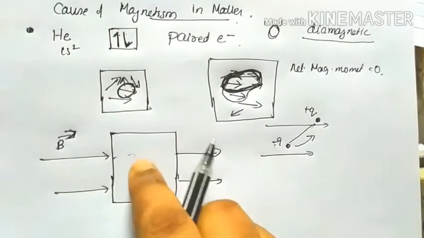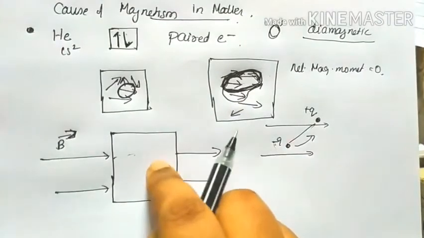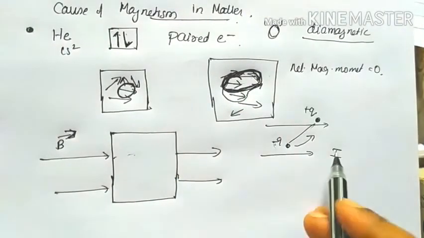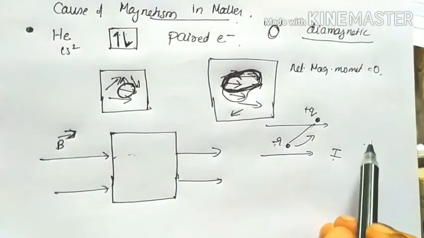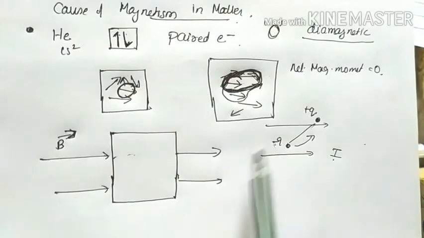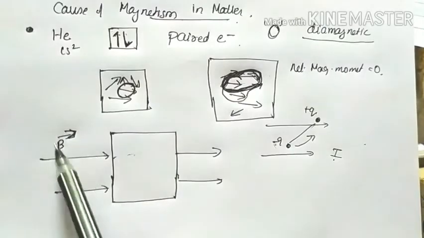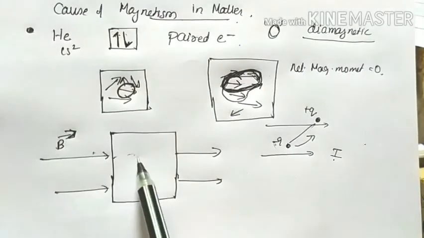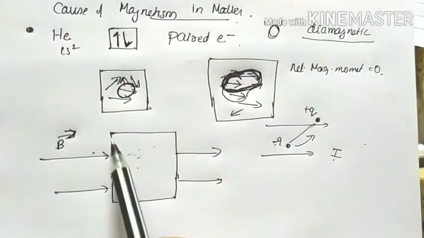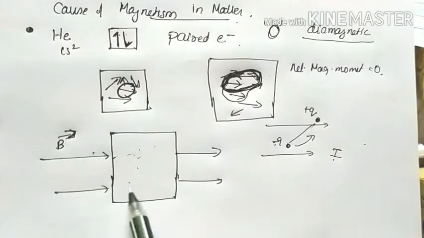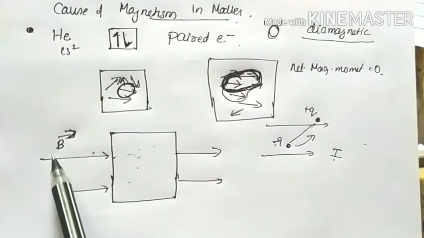Similarly here, each electron is spinning, acting as a current carrying coil. Remember, a current carrying coil in an external field will experience a torque. Similarly, this torque will be experienced by each dipole inside this ferro or paramagnetic material due to the application of the external field.